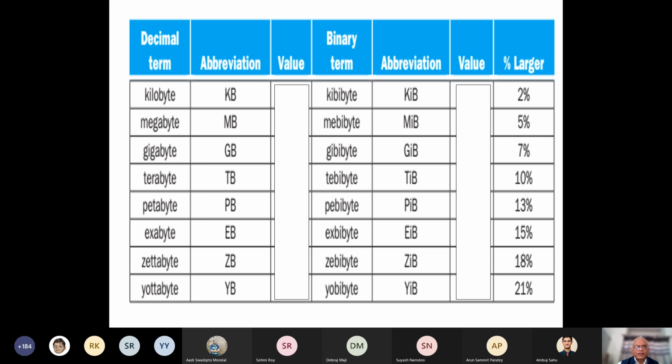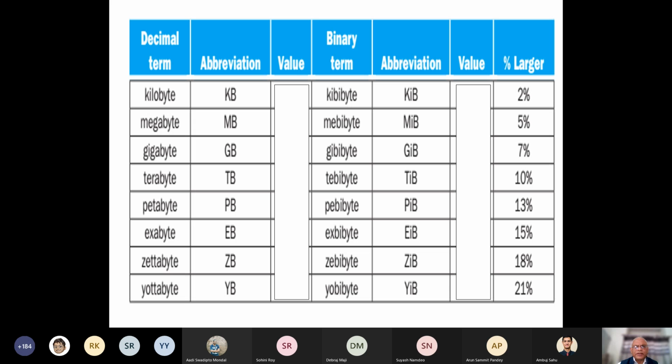But on the other hand, in the binary system, 2 to the power 10 roughly corresponds to 1000, only 2% larger, 1024. Mebibyte is the actual term for the binary, which is 2 to the power 20, 2 to the power 30, 40, 50, 60, etc. But we loosely call them kilobyte and so on, even though we mean binary, 2 to the power 10.